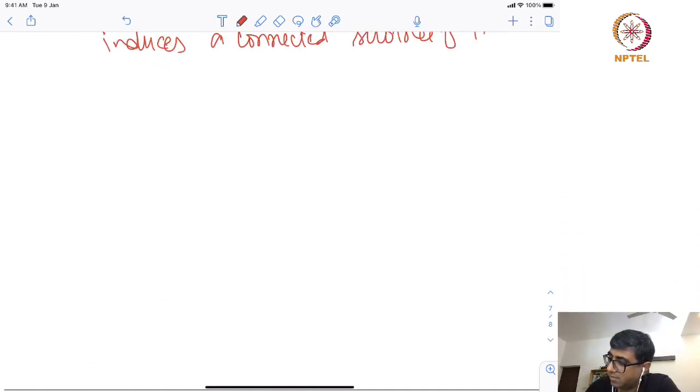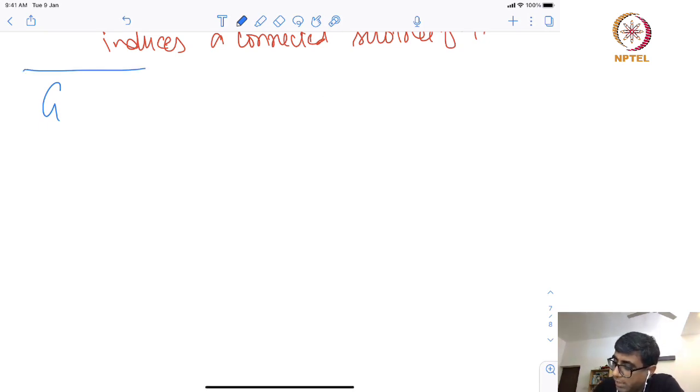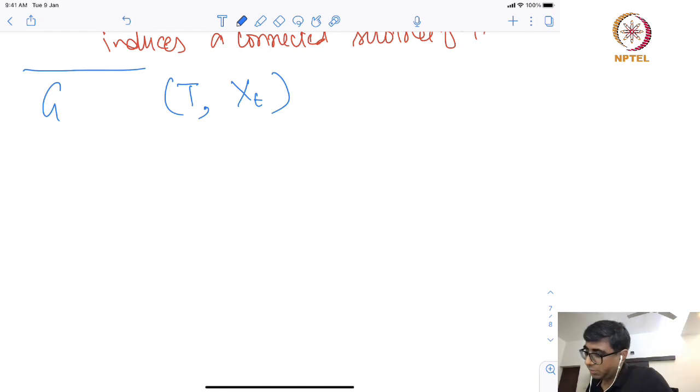So basically, what it says is that we will come to that. We have a graph G. For a graph G, I am going to associate a tree and some X_t. Think of this X_t, which I used as the function f before, and people actually use the function beta to represent this.